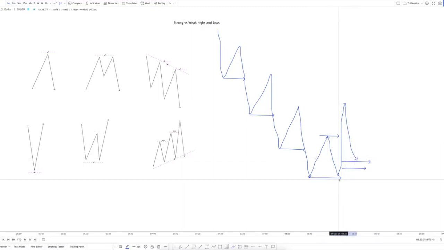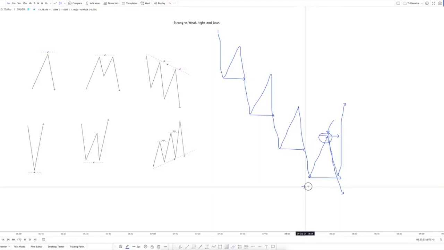If we don't break this low, like here we did not break this low, you cannot take advantage of this minor structure break. Why is this minor structure? Because this lower high did not break this weak low, so this low right here now somewhat becomes protected.